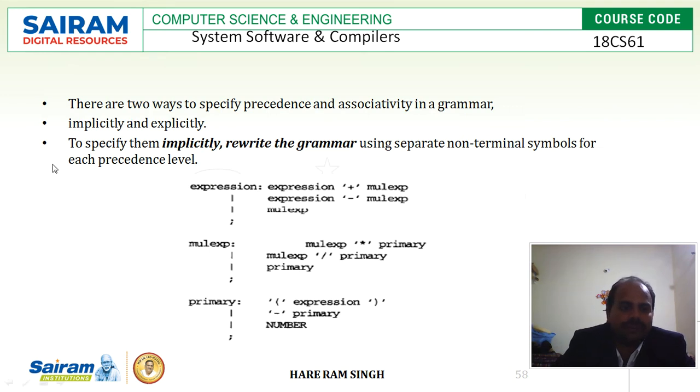There are two ways to specify precedence and associativity in the grammar: implicit and explicit. To specify them implicitly, rewrite the grammar using separate non-terminal symbols for each precedence level. For example, expression colon expression plus multiplication expression, or expression minus multiplication expression, or multiplication expression.